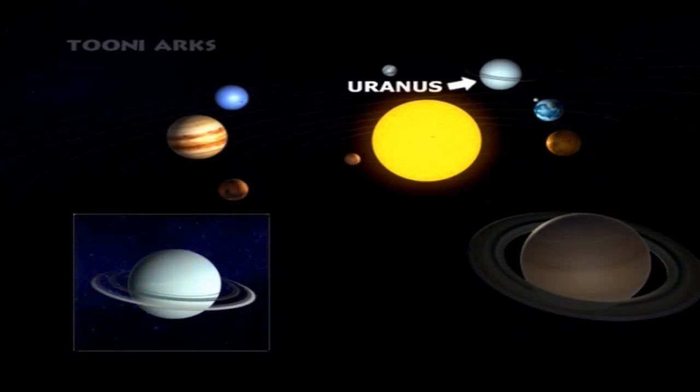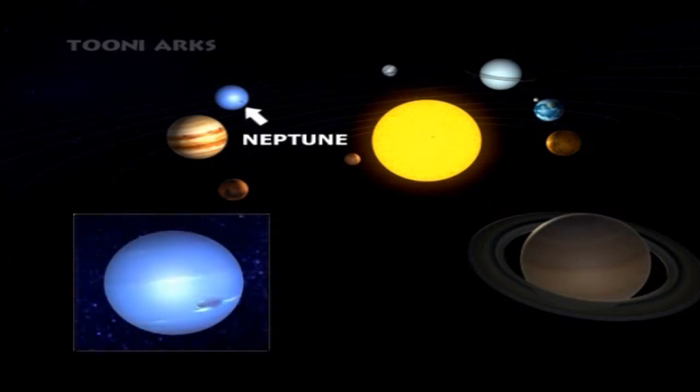Uranus is the seventh planet from the Sun and the third largest and fourth most massive planet in the solar system. It is named after the ancient Greek deity of the sky, Uranus. Uranus was also the first planet discovered with a telescope. Neptune is the eighth and farthest planet from the Sun in our solar system.